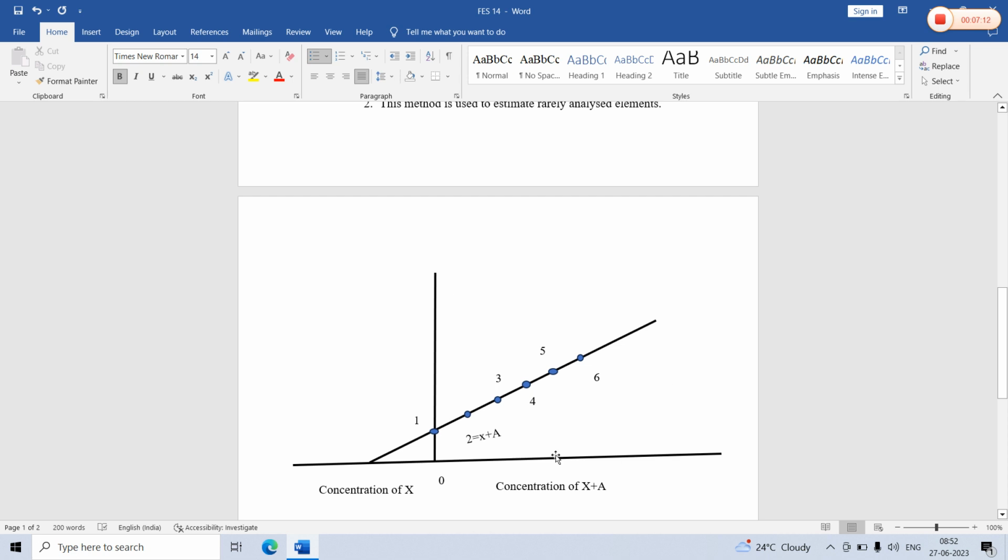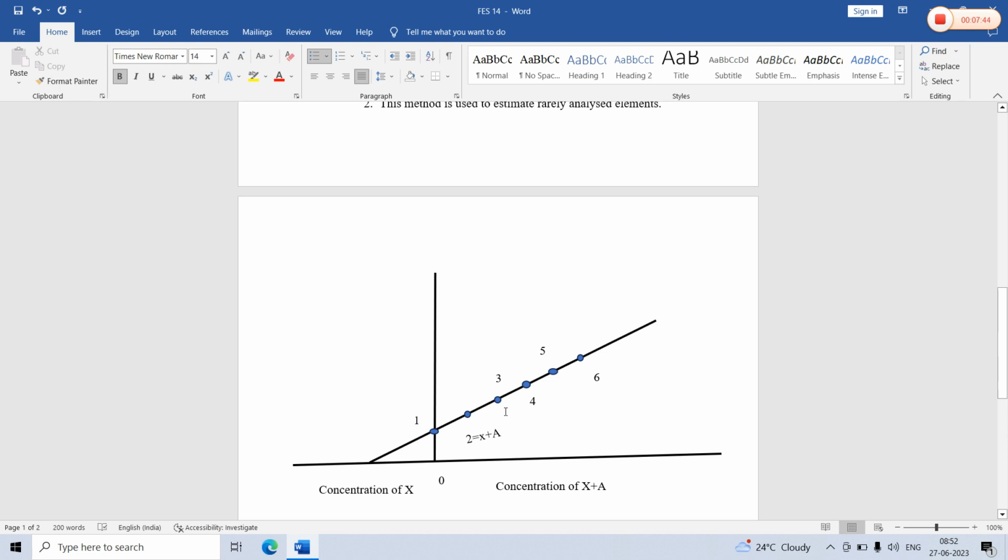Now this is the graph which is obtained from the standard addition method. Here this is the zero line, and this point indicates the unknown solution concentration or its intensity. Here are the multiple concentrations which are added into the unknown solution in proportions of A: this is A, 2A, 3A, 4A, and 5A.